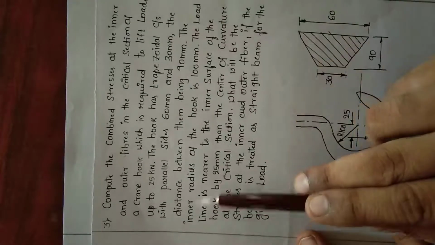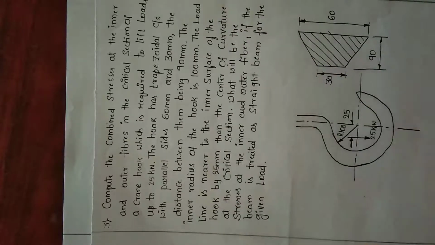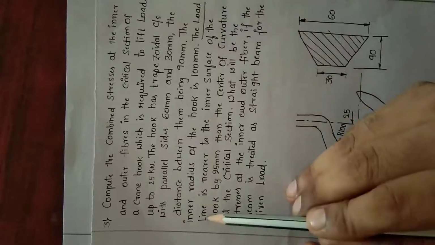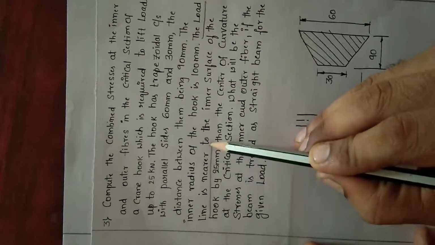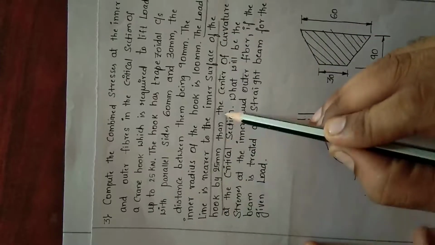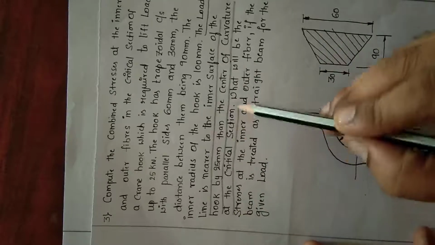The load line is, and this is very important, you have to underline it: the load line is nearer to the inner surface of the hook by 25 mm than the center of curvature at the critical section.